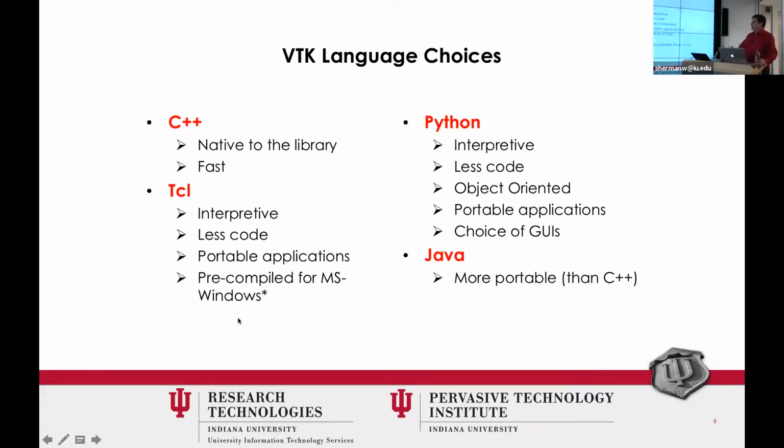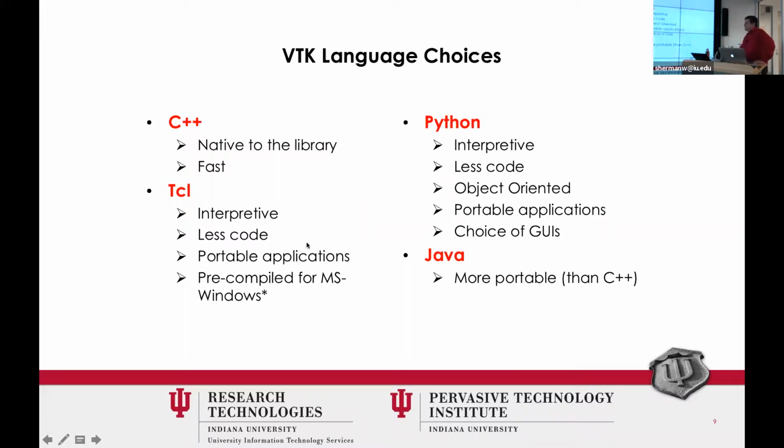Right, so here's some reasons why you might want to use one language over another. C++ is mostly if you're going for speed, although since a lot of the code is already pre-compiled to C++, if all you're doing is making those connections, using Tickle or Python to do that really doesn't hamper the speed too much.